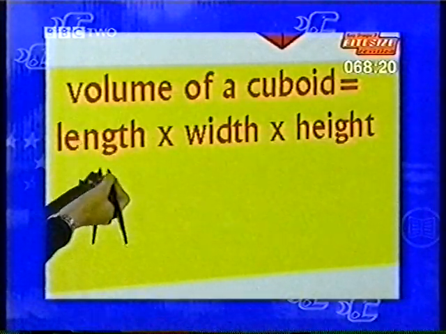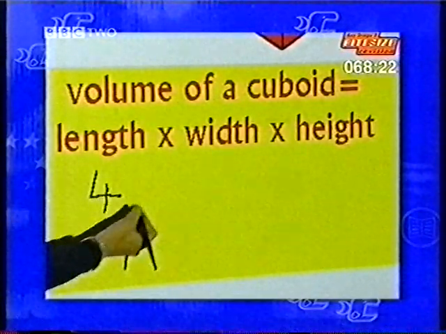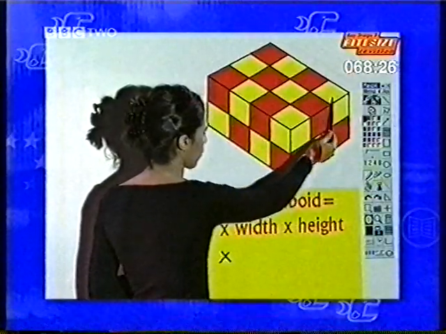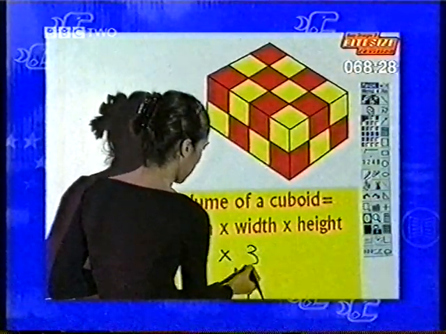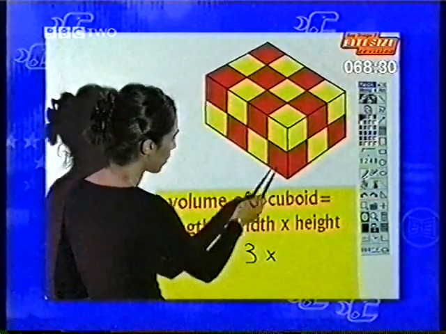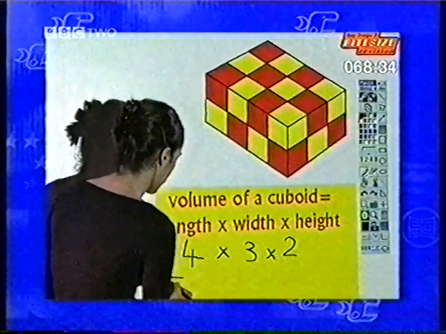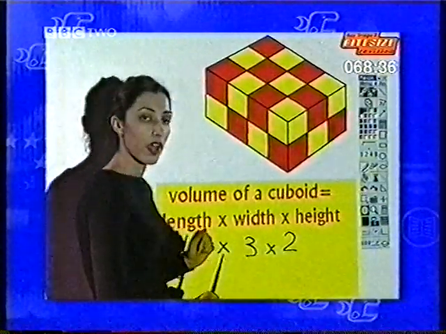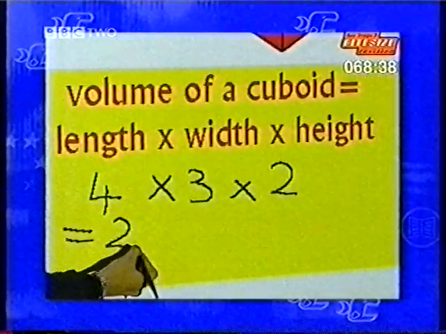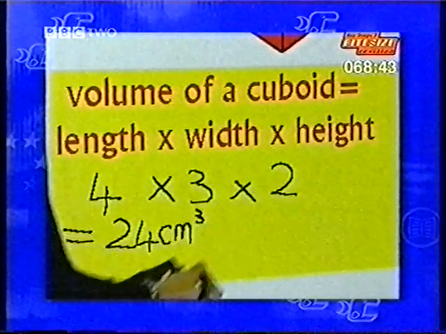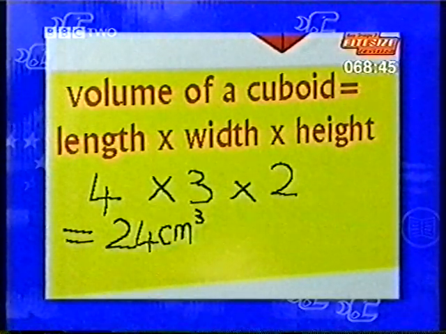Let's write that here. 4 multiplied by the width, which is 3, multiplied by the height, which is 2. Now if we work that out, 4 times 3 is 12, 12 times 2 is 24. And we write that as 24 centimetres cubed.